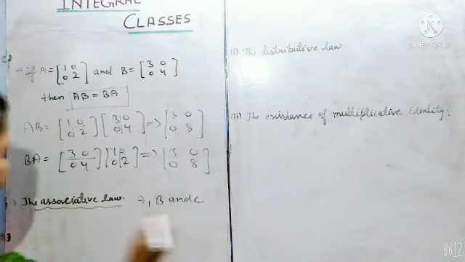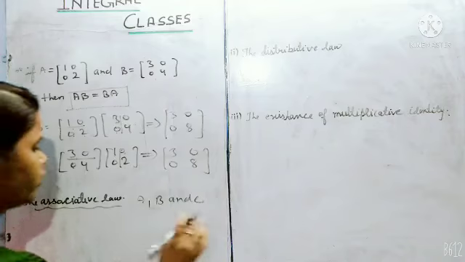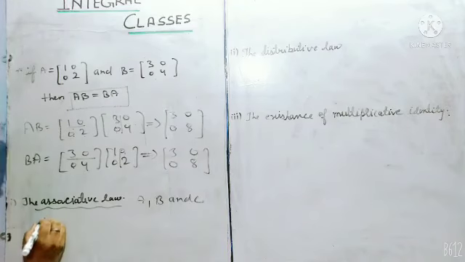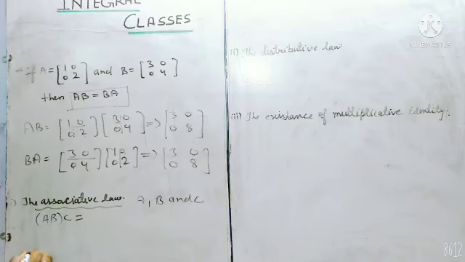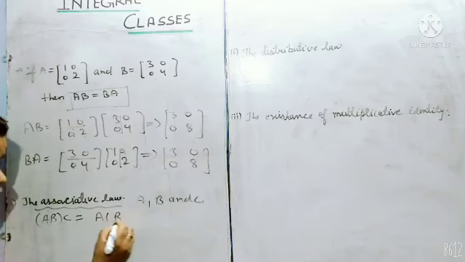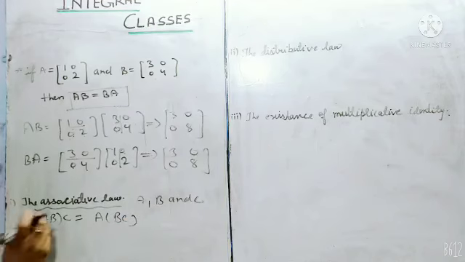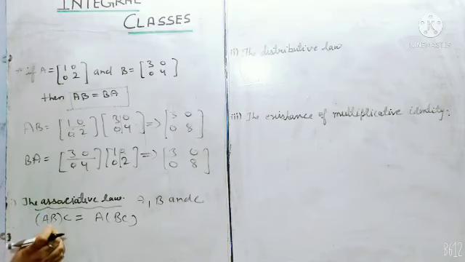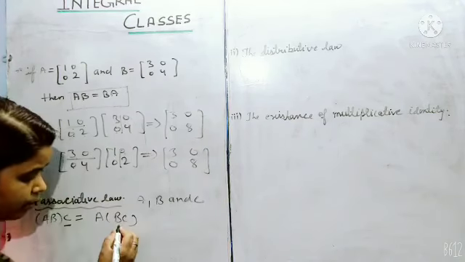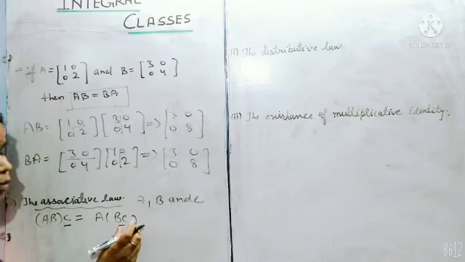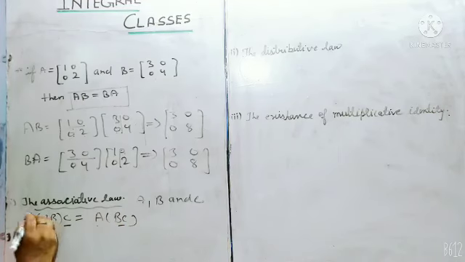They follow the associative law: AB multiplied by C gives the same result as A multiplied by BC. First we multiply AB, get a resultant, then multiply it by C. We get the same result when we first multiply the last two matrices and then A. So it follows the associative law.